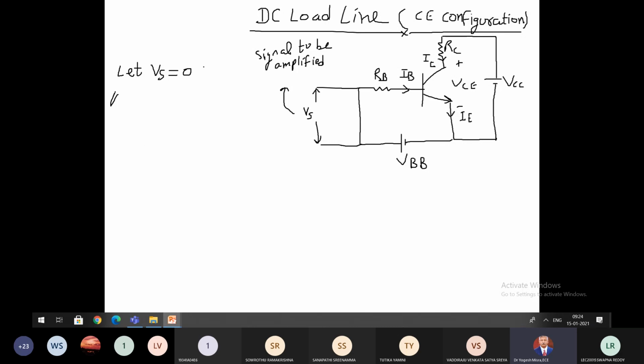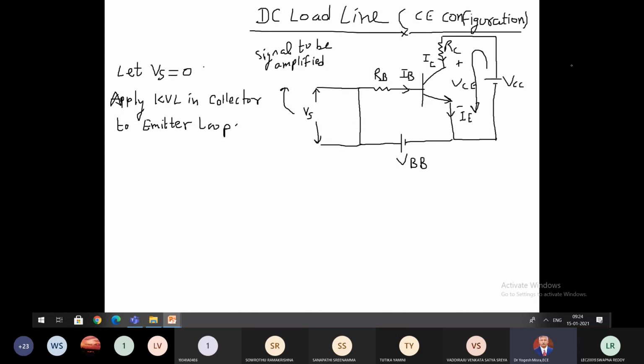Now what we will do, we will apply Kirchhoff's voltage law in collector to emitter loop. Right? In collector and emitter, here we will apply Kirchhoff's voltage law.